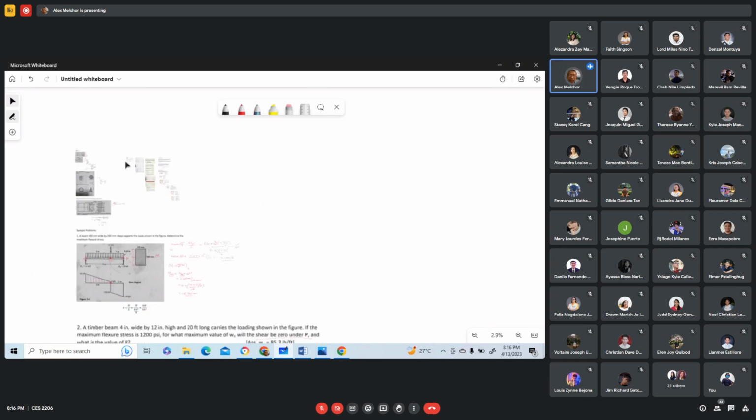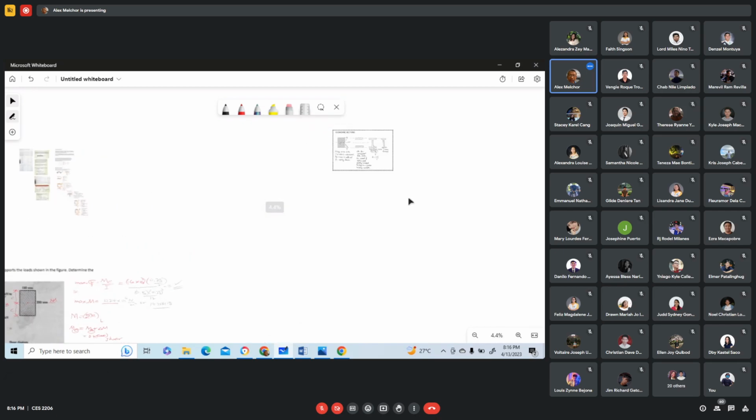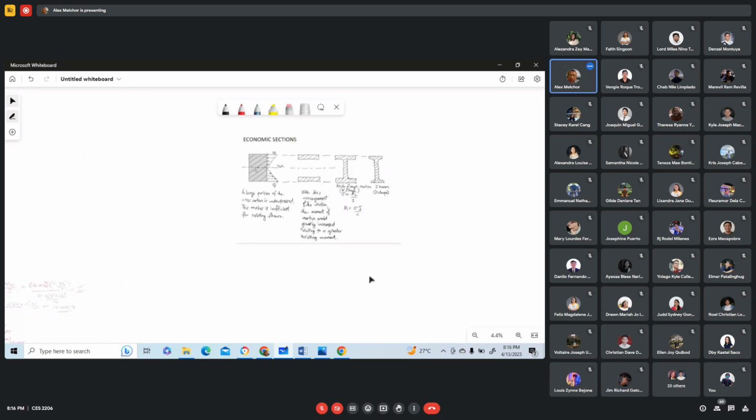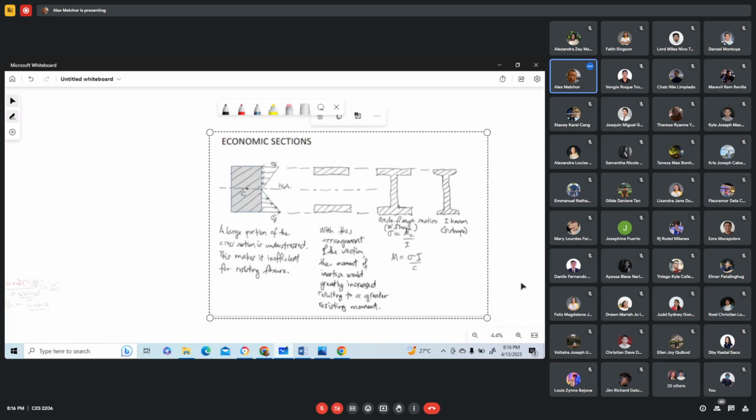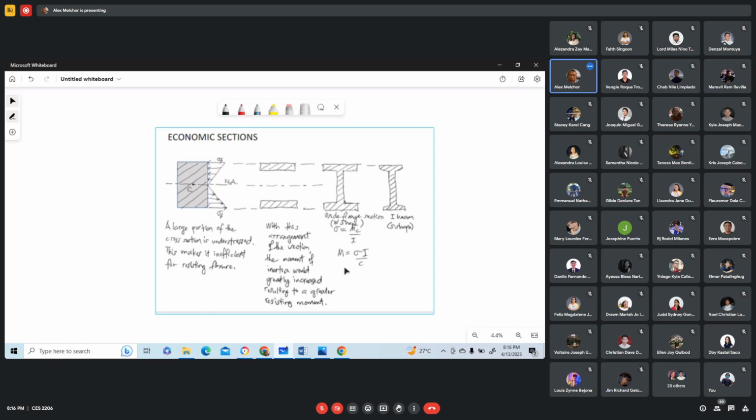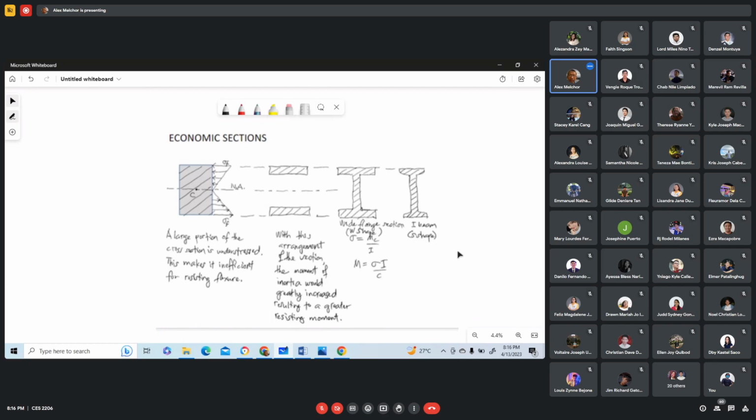We now proceed with this one here. Economic sections. Now, in economic sections, we are going to select a section where it is economical, the most economic section.